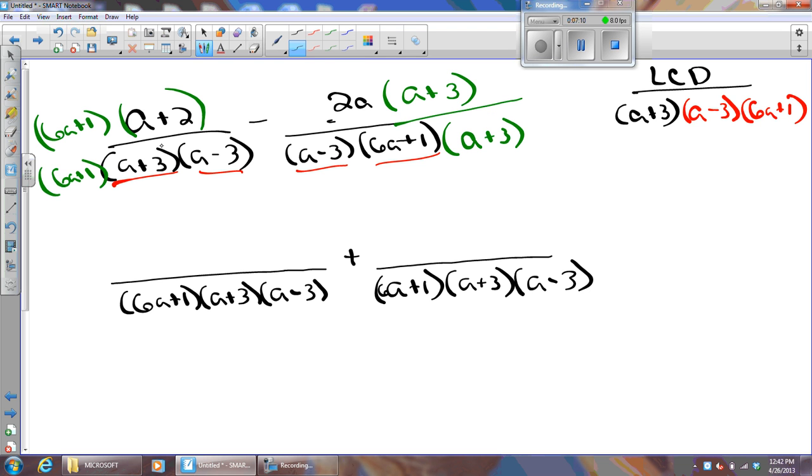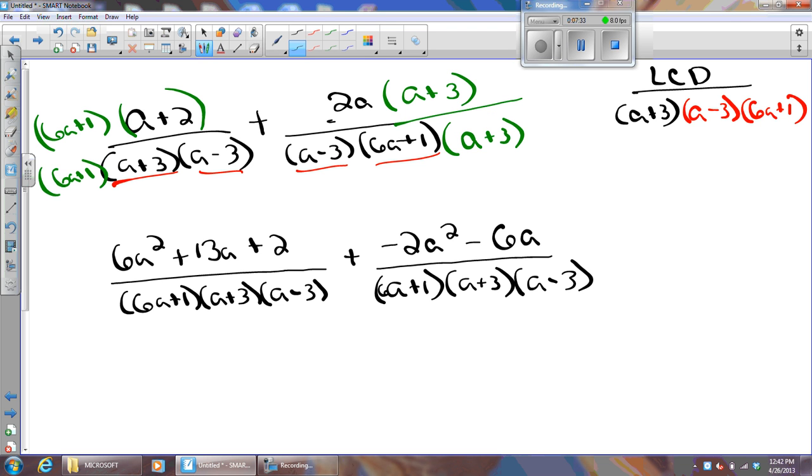So I'm going to FOIL this and get 6a squared plus a plus 12 plus 13a plus 2. And then here I'm going to distribute a negative 2a. So I'm going to put minus 2a squared minus 6a. And notice I changed the sign to a positive because I distributed the negative.